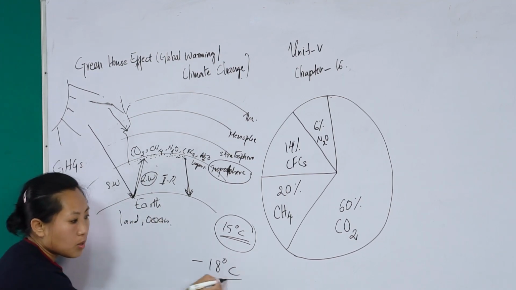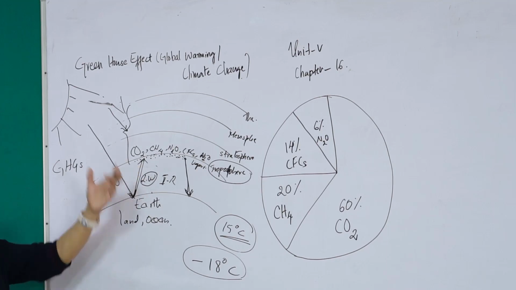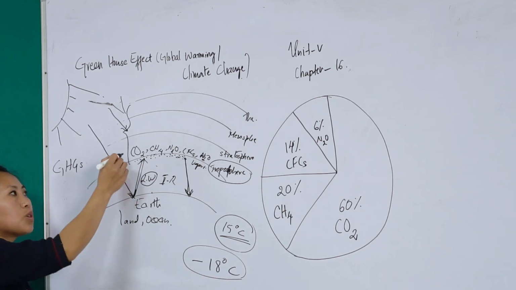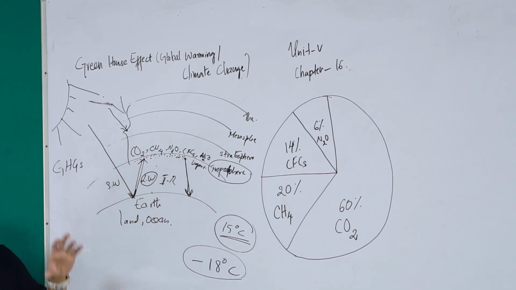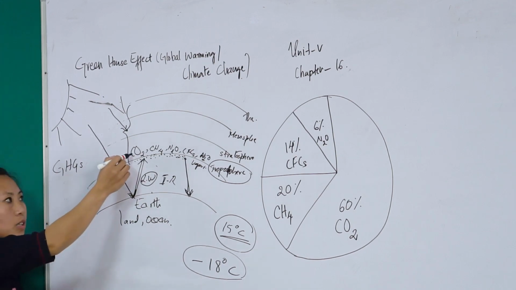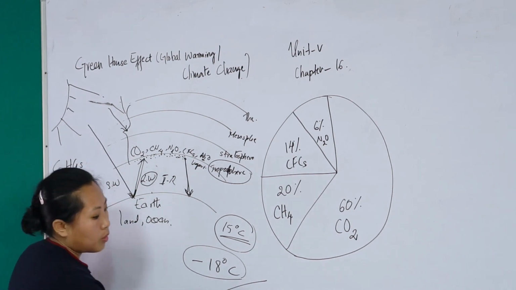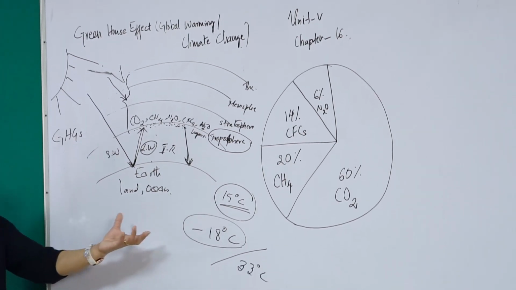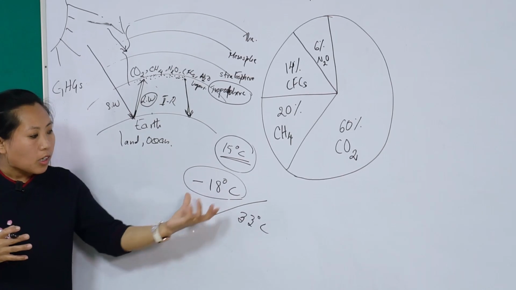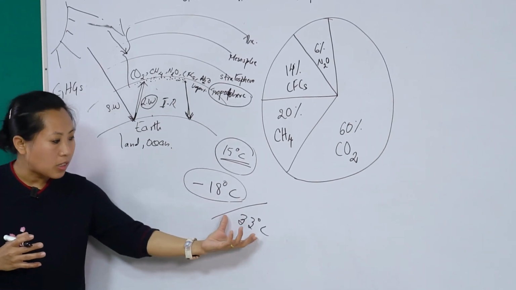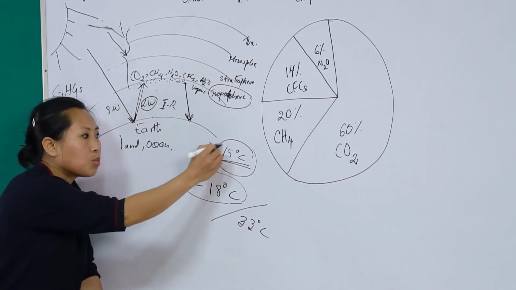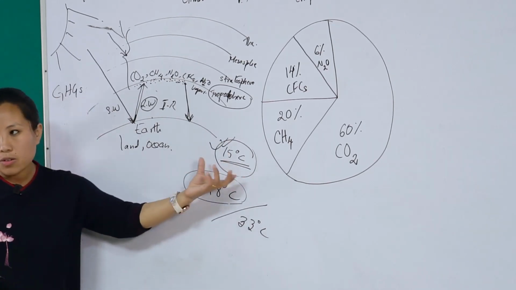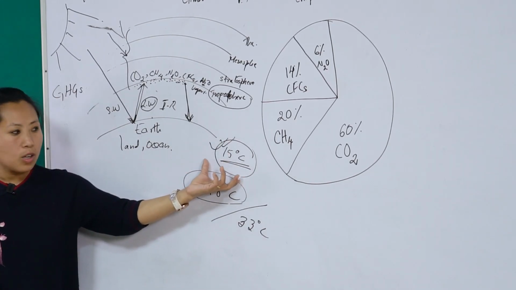Otherwise, minus 18 degrees centigrade would be the temperature without these greenhouse gases, and life would not be able to exist at that temperature. Because of these gases, it makes a difference of 33 degrees centigrade. It increases the temperature from minus 18 by 33 degrees centigrade, raising it up to 15 degrees centigrade, where life is able to thrive.